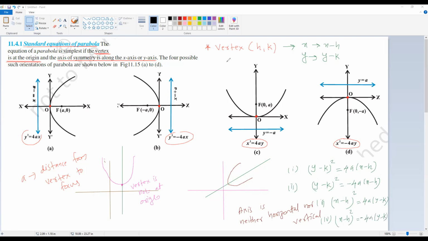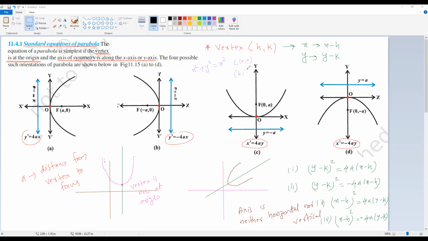So not only for this parabola, for any other conic, circle में भी हमने देखा था, normal equation था x square plus y square is equal to r square, center at 0 0.